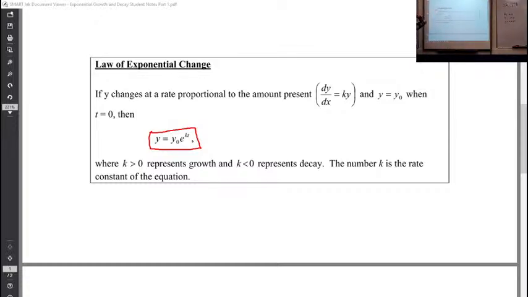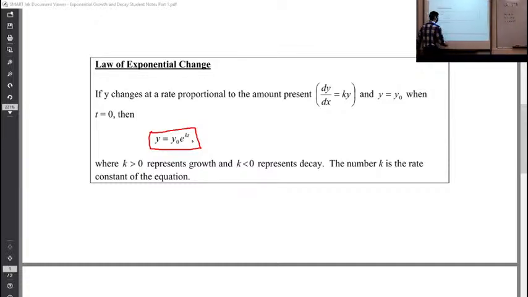So usually what we're going to need to do is have an initial condition, and we are going to use that initial condition and another point on this graph to solve for k. That's usually what's going to end up happening.